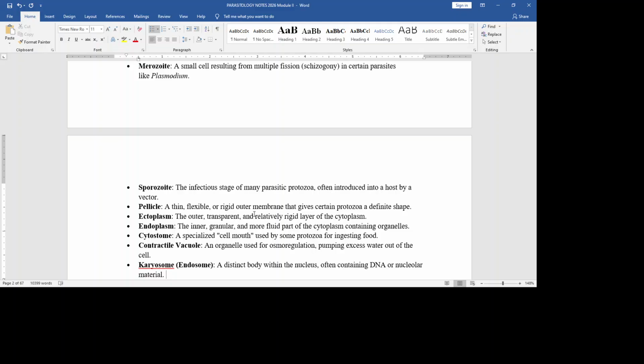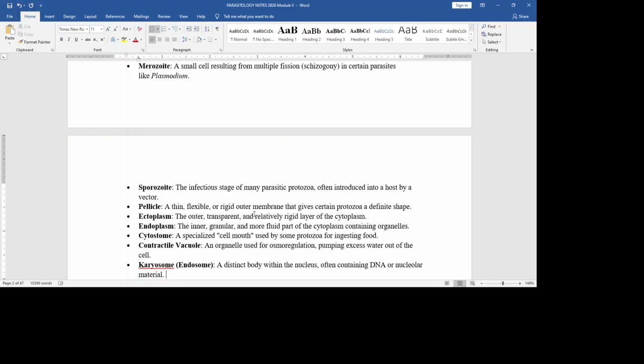Then we have the cytoplasm, and in these protozoan parasites, it's divided into two distinct layers. We have the outer transparent and relatively rigid layer, which is called the ectoplasm, and the endoplasm, which is the inner granular and more fluid part of the cytoplasm, and this is where all the organelles are embedded.